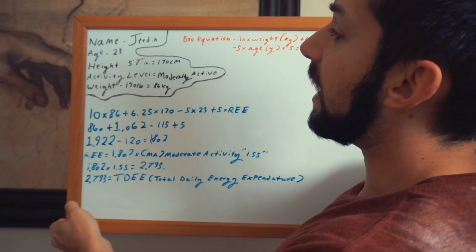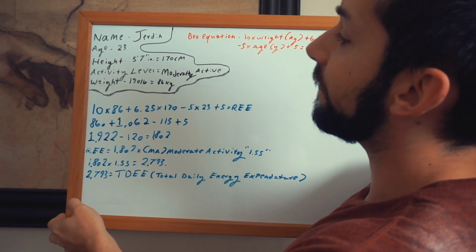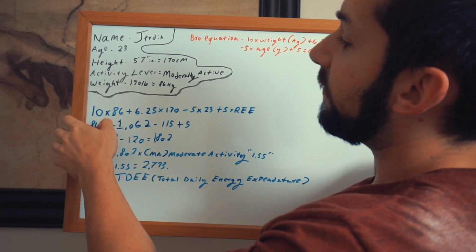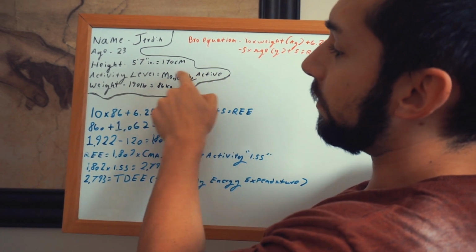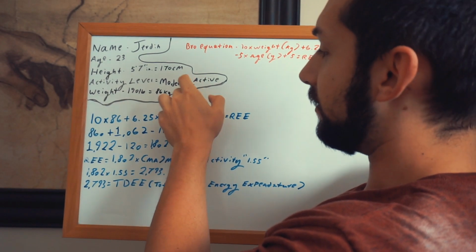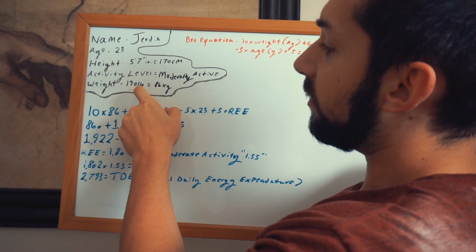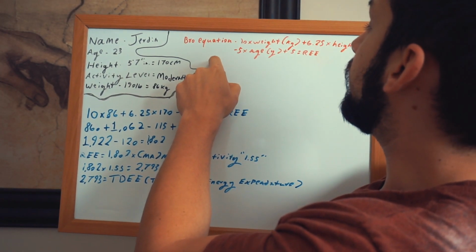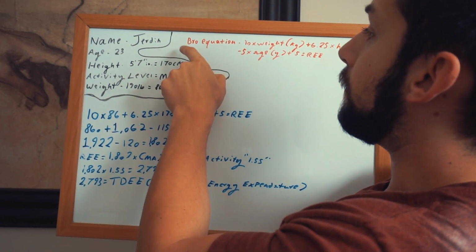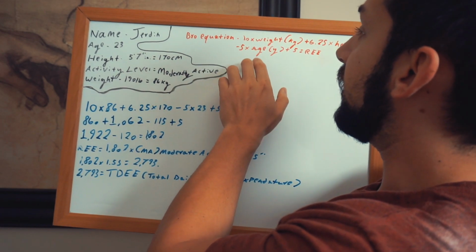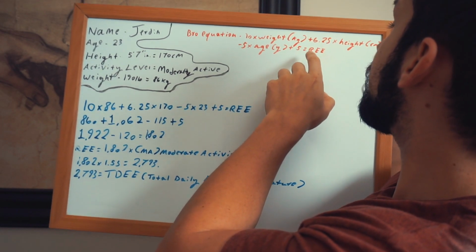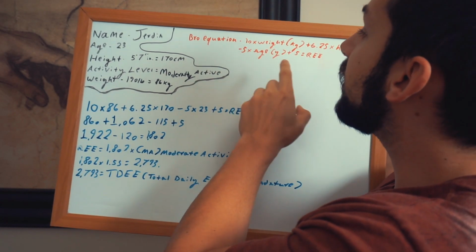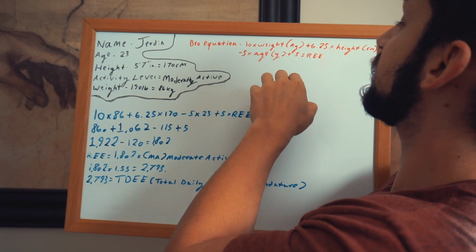So here you can see my name is Jordan, my age is 23, my height is 5'7", 170 centimeters. Activity level is moderately active. This is where I messed up last time. I put lightly active when I meant to put moderately active. My weight is 190 pounds, 86 kilograms, and the equation to get the REE for men is 10 times weight in kilograms plus 6.25 times height in centimeters minus 5 times age in years plus 5.